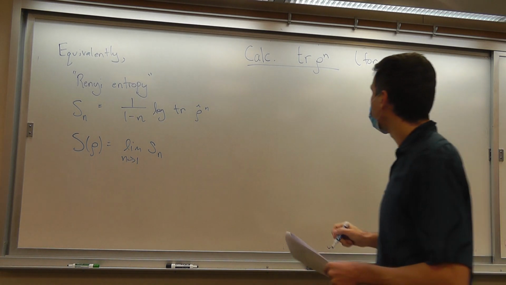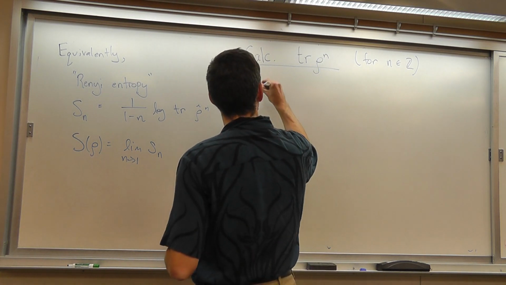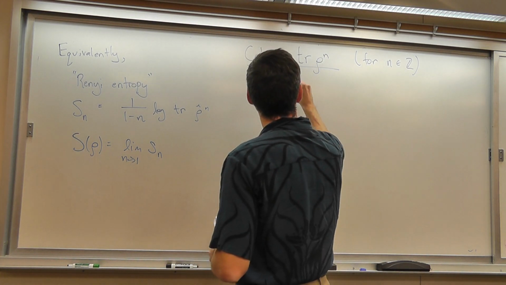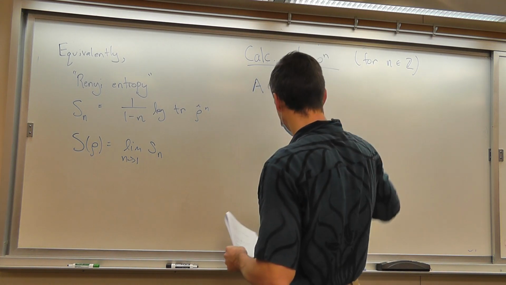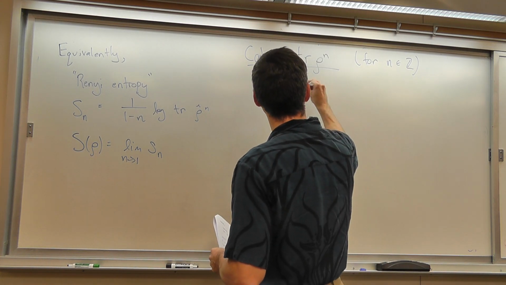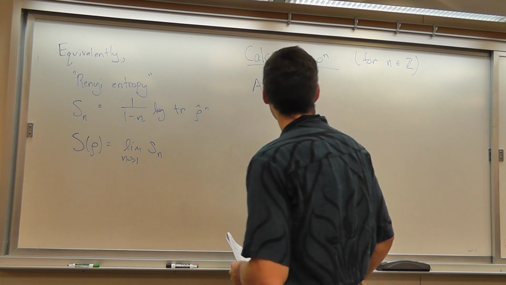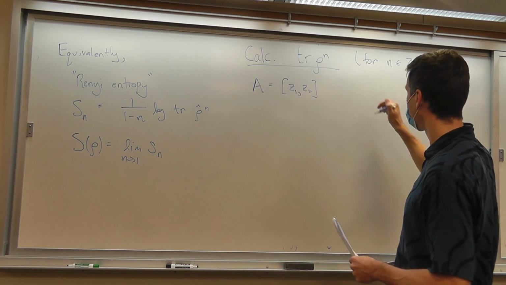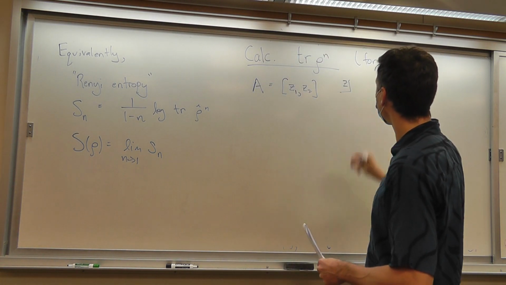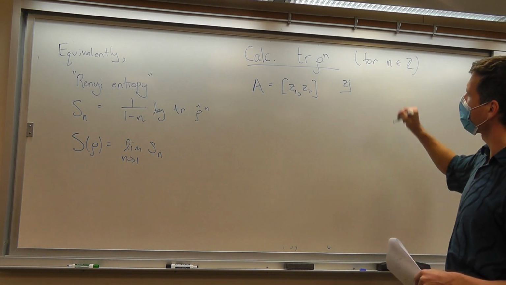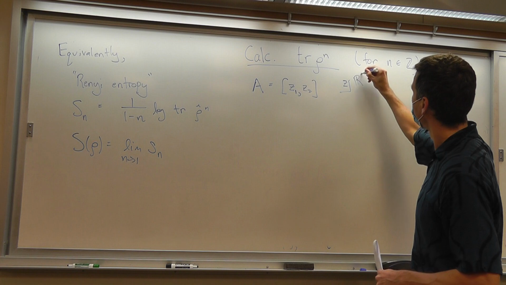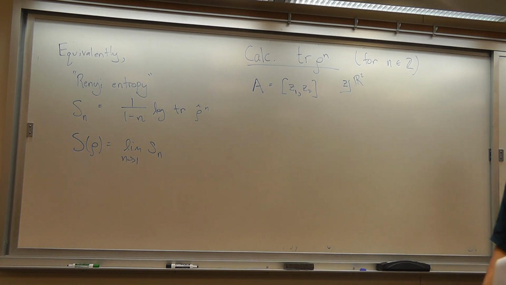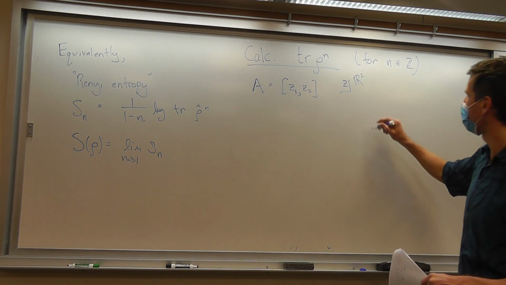So region A, let's take this to be the interval between z1 and z2. So we're thinking of the Euclidean spacetime R2 as the complex z-plane, as we often do in conformal field theory.